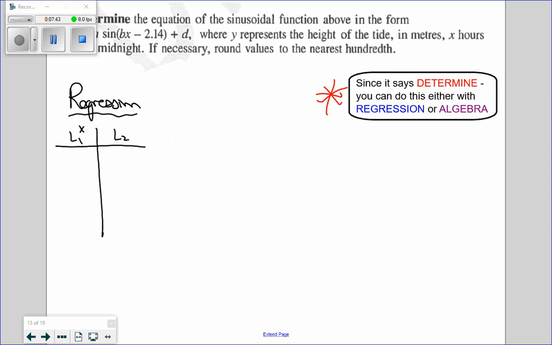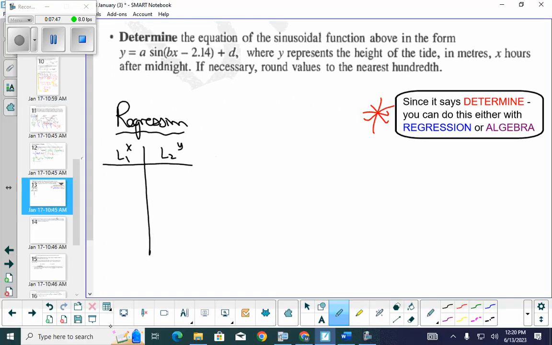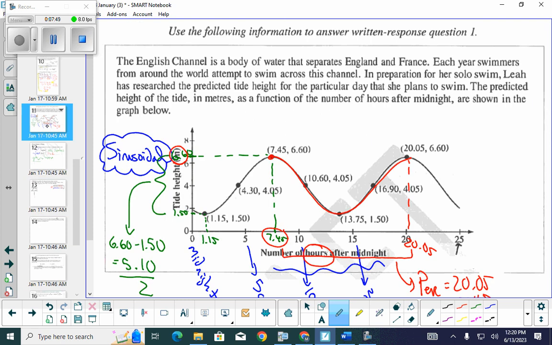L1 is always your X, L2 is always your Y. So if you look at this picture here, here's your points. Here's list 1, here's list 2, here's list 1, here's list 2. You would just go through and enter the points into list 1 and list 2, and then run a sine regression.